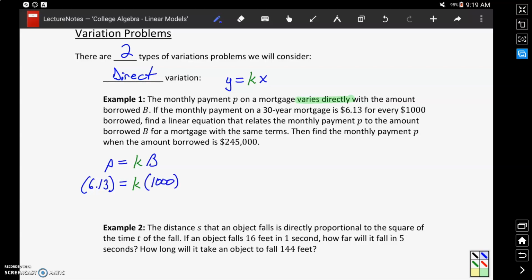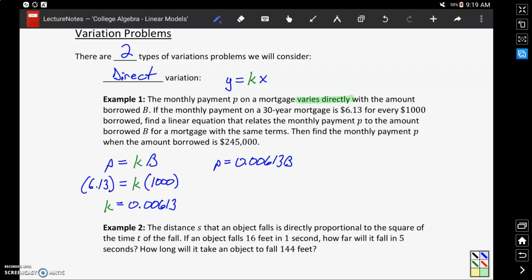So we can divide by 1,000 to solve for K to get K is equal to 0.00613, which means we can rewrite our original equation as P is equal to 0.00613 times that value B.